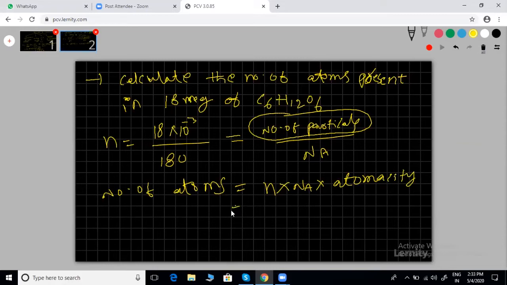Here n equals 10 power minus 4, into Avogadro number 6.023 into 10 power 23. Atomicity means the number of atoms present in the given molecule. Can you calculate the total number of atoms? So 24. If you calculate, whatever you get is your final answer.